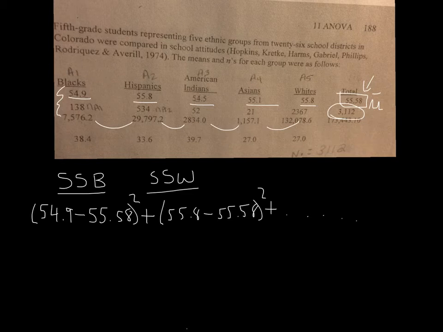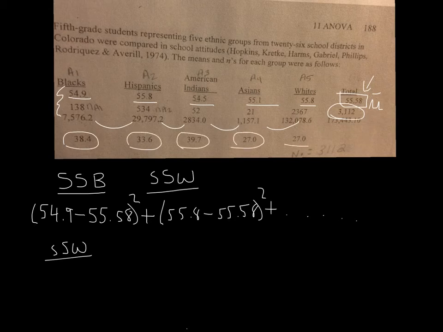That's going to give us our sum of squares between, which we will then divide by the degrees of freedom for that. For the SSW, the sum of squares within, which is in the second row of the F chart, we just need the variances as given in this chart. They've already done all this for us.